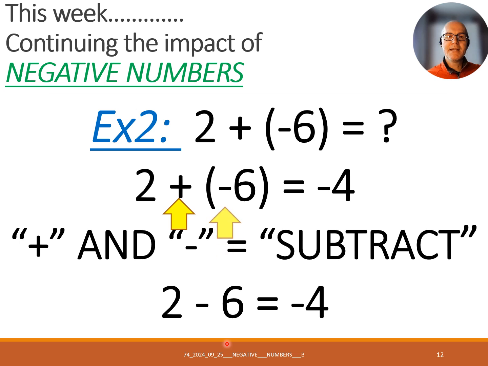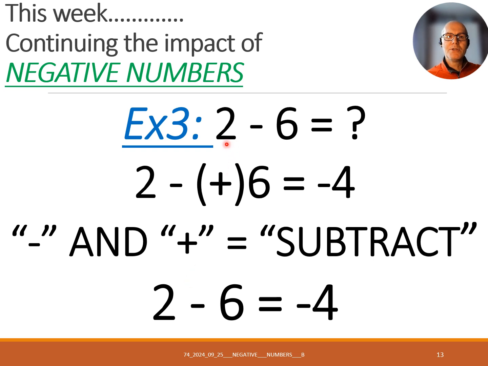So we're adding a negative number, changes to subtract. So instead of 2 plus -6, we change the formula to 2 minus 6. 2 minus 6 equals -4.